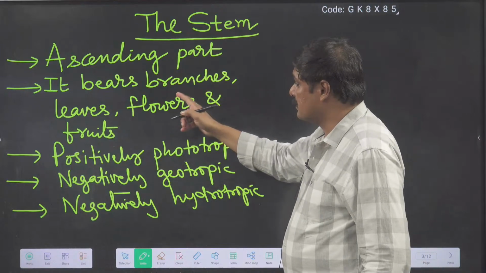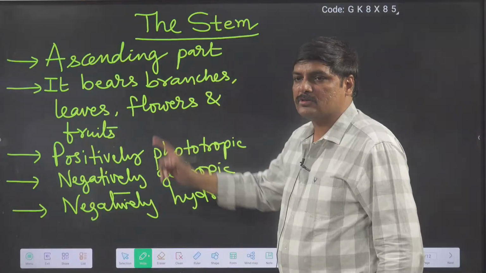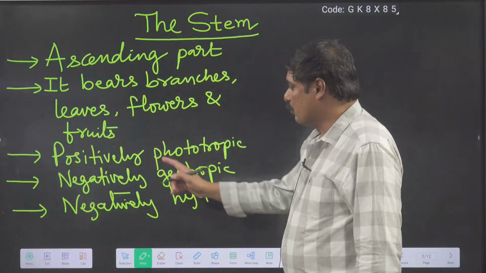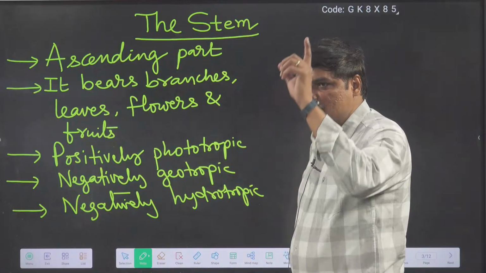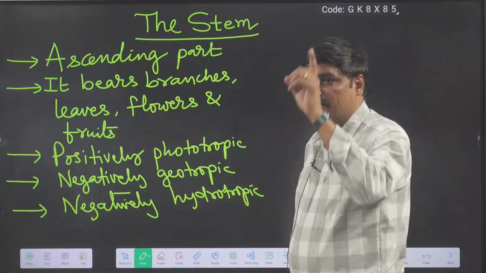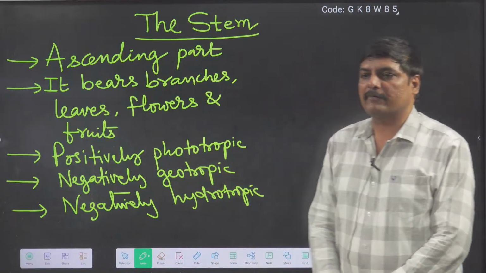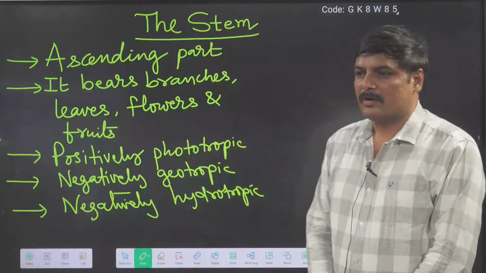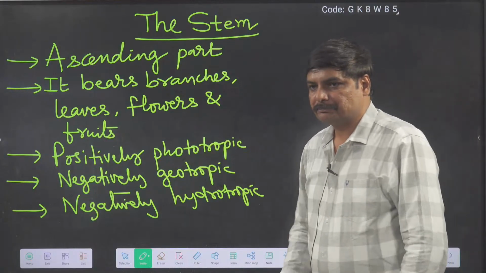The stem bears branches, leaves, flowers, fruits. Root is positively geotropic. It is negatively geotropic. That is positively hydrotropic. This is negatively hydrotropic. That is negatively phototropic. This is positively phototropic. Are you following all? Yeah, very good.